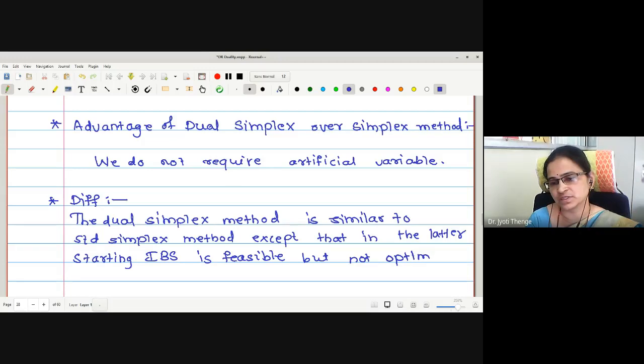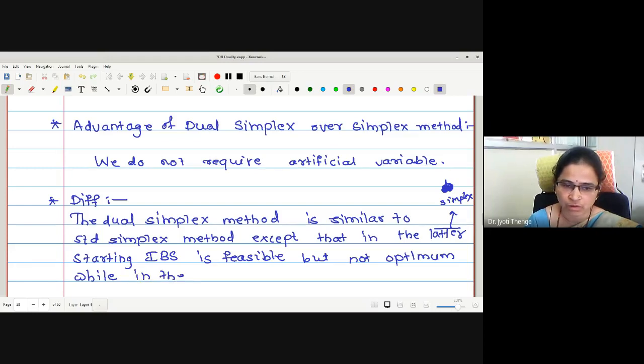In the former, the dual method, the solution is infeasible but optimal.